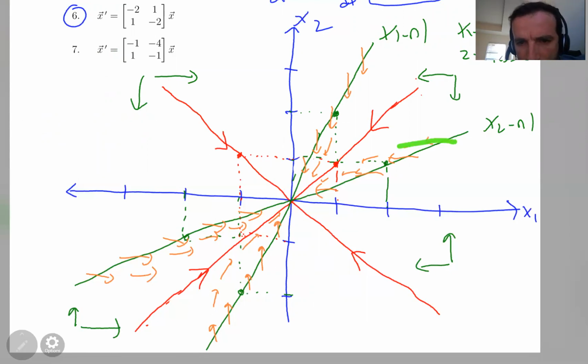These guys are coming here, and from there, how does it continue? If you look at all solutions, they're all going towards the origin.